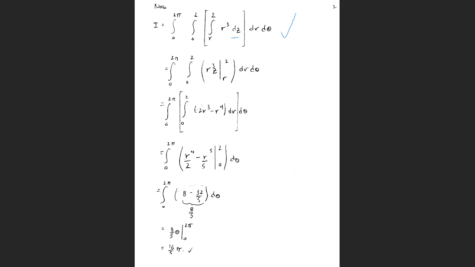So the antiderivative of r cubed with respect to z is r cubed times z. Then you substitute in the 2 and the r, and you get r cubed times 2, which is 2r cubed, and r cubed times r, which is r to the 4th.